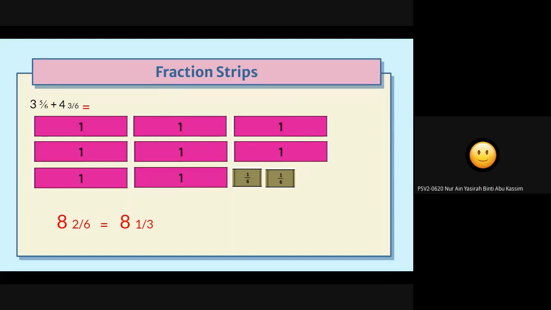So we count the whole strips 1, 2, 3, 4, 5, 6, 7, 8, and 1/6 has 2 strips. So 1/6 plus 1/6 means 2/6. So the answer is 8 2/6, and then we simplify it into 8 1/3.